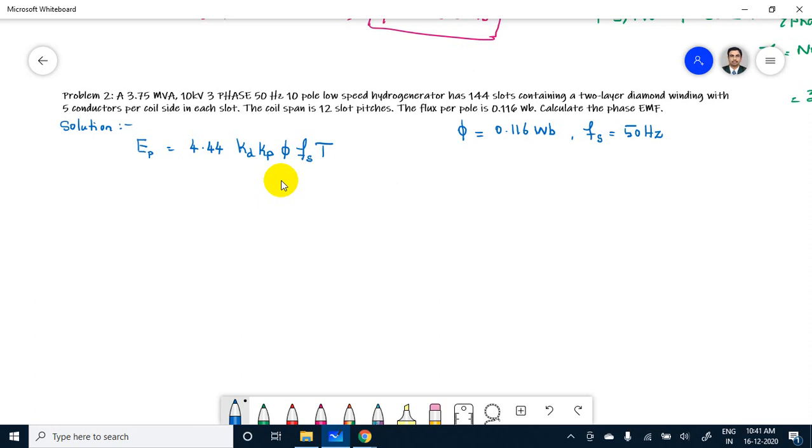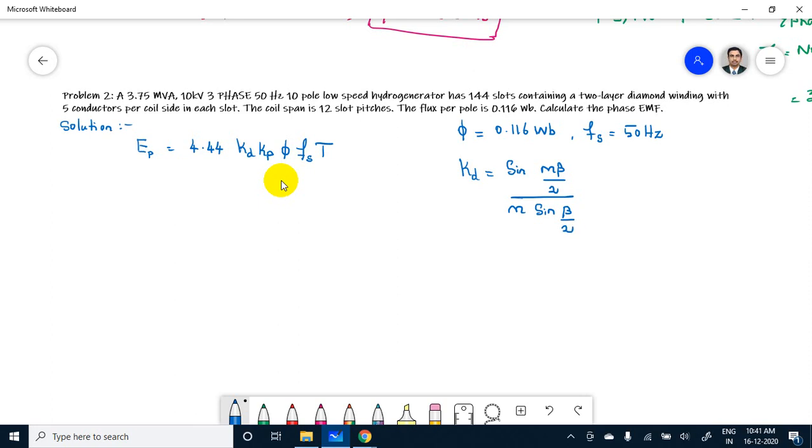So how to calculate this Kd? Kd equal to the formula sine m beta by 2 whole divided by m into sine beta by 2.